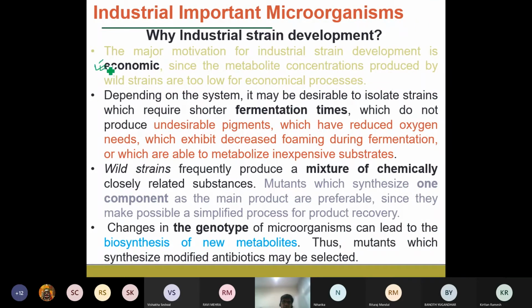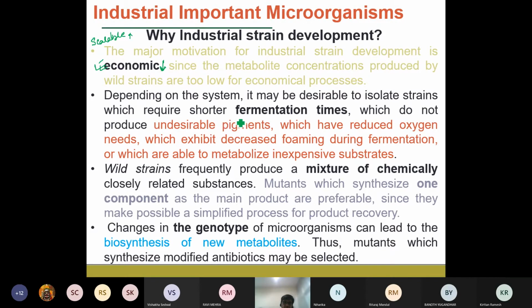Industries always want to develop a process which can be easily scalable, so that you can easily move it from lab scale to pilot plant processes, and the overall economic cost should be as low as possible. Then the final product you obtain will be of lower cost and can be used in larger volumes. That is the motivation: industries always want a process which can easily be scaled and whose overall economics are lower.